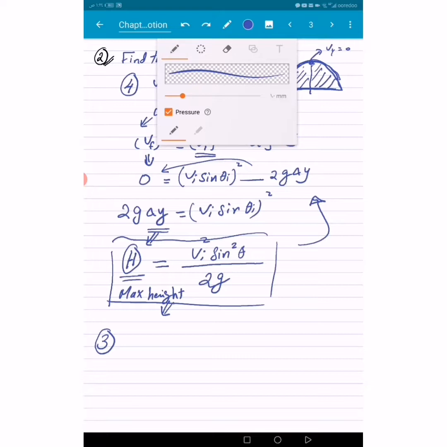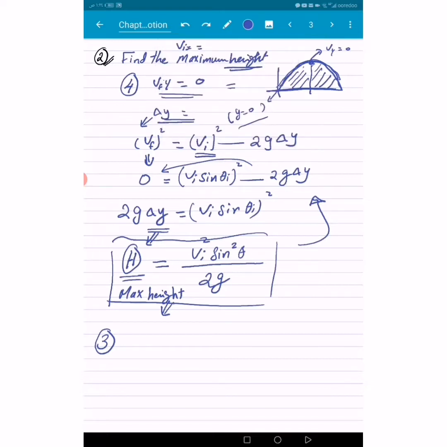The first important equations in symmetric: V initial x is equal to V initial cosine theta, then V initial y is equal to V initial sine theta. So that is the first equation. The second is for the maximum. Now I want the range.